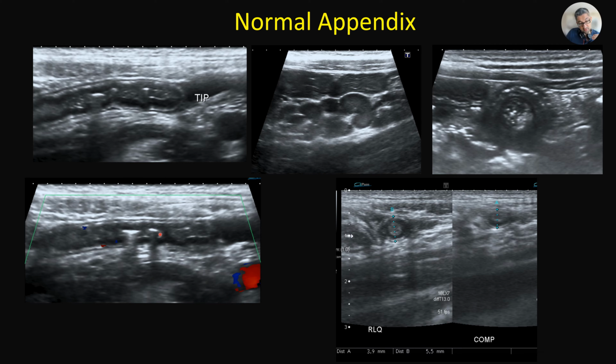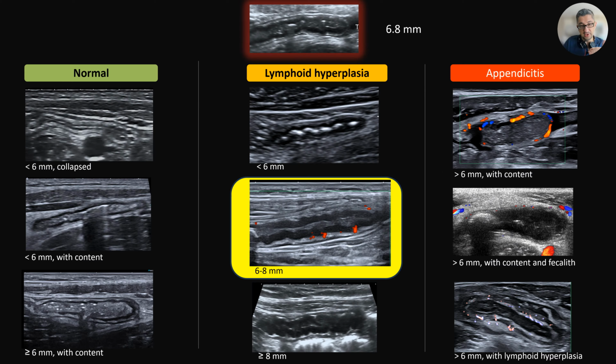There is gas in the lumen of the appendix, which is usually associated with a non-inflamed appendix. No hyperemia, and the appendix is compressible. So this was a completely normal appendix with lymphoid hyperplasia, falling into this category: over 6 millimeters with lymphoid hyperplasia.